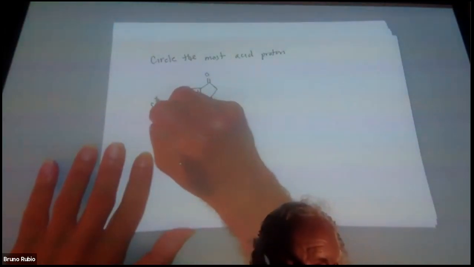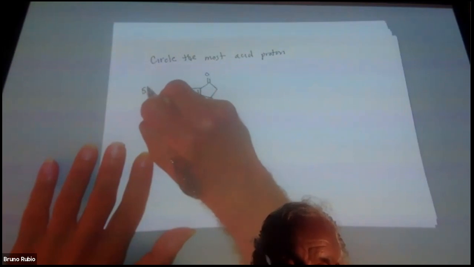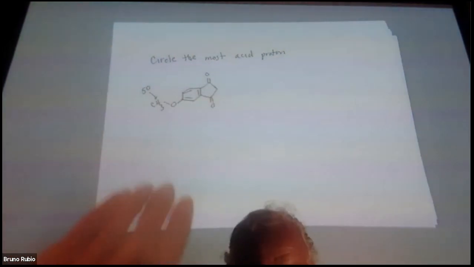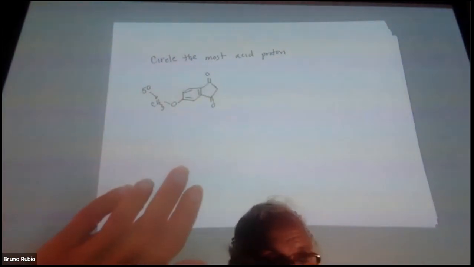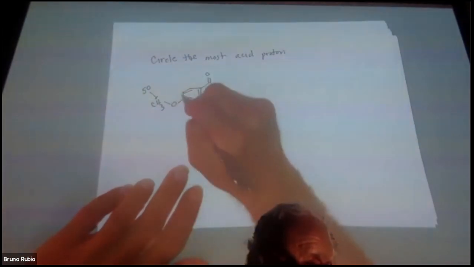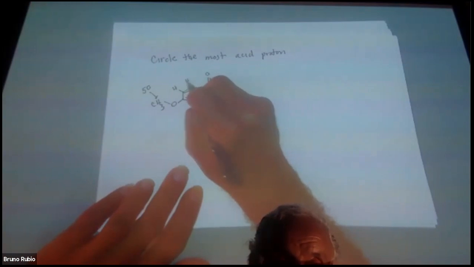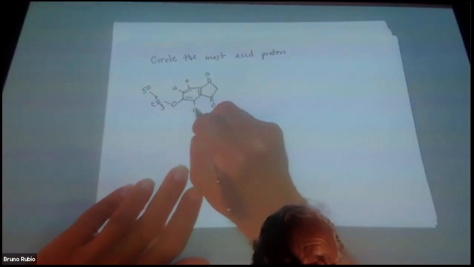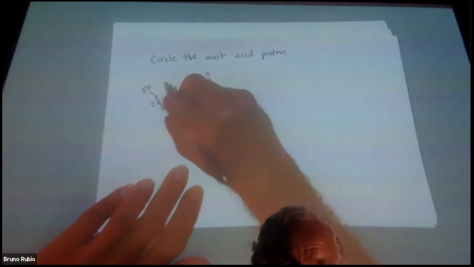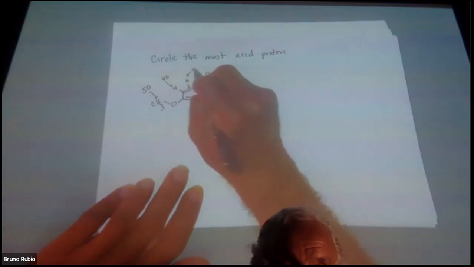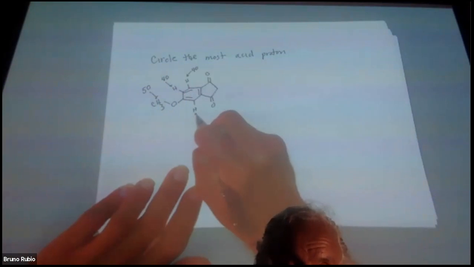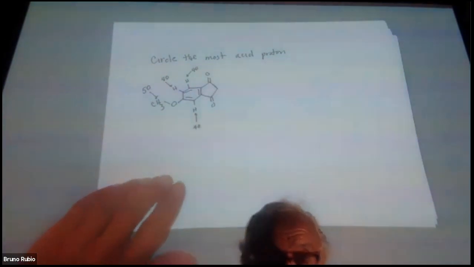So the pKa of these protons is 50. All right, we're looking at that table, and we see that a proton that lives on a benzene ring, shopping around on that table, is about 40. So each of these protons has a pKa of 40.